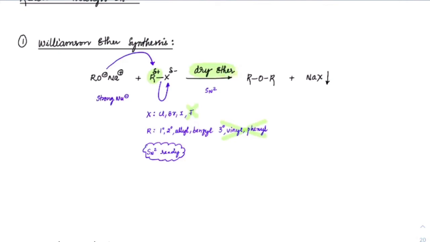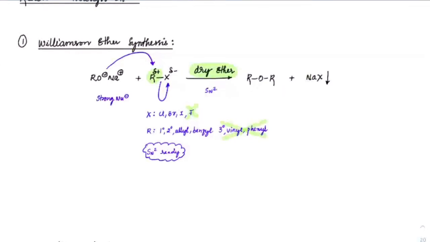The X minus which has left will have strong affinity with Na plus and it will get precipitated, because NaX is very less soluble. Here NaX is chlorine, bromine or iodine. In fact iodine is still a little bit soluble, but NaCl and NaBr are very less soluble in aprotic solvents. So that's how the reaction proceeds to form ethers.